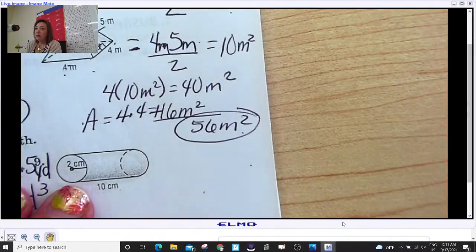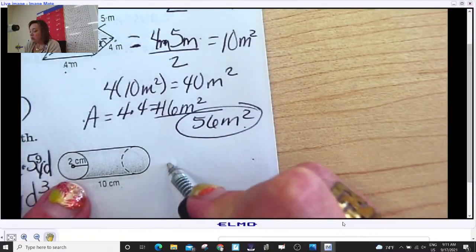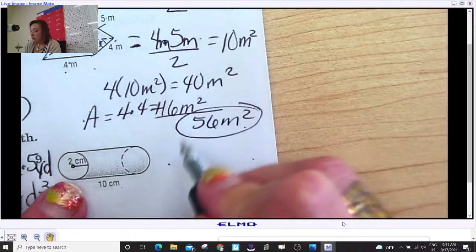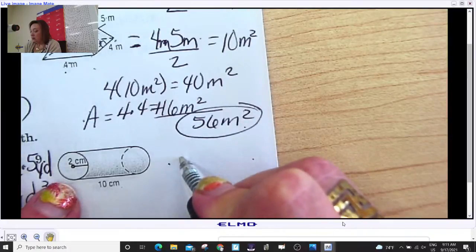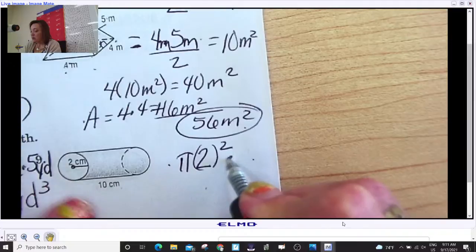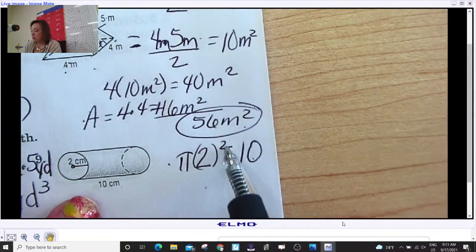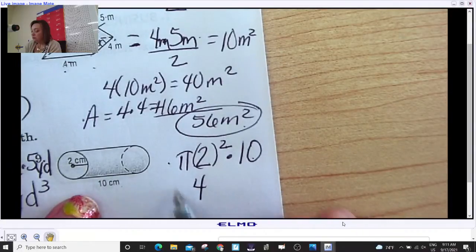And then the cylinder one, you're just going to plug it in, right? So you're going to find the area of a circle and multiply it times the height. So area of a circle is pi r squared. So it's going to be pi times 2 squared. And then you're going to multiply that times 10, right? So 2 squared is 4.